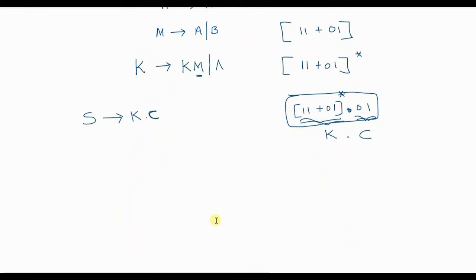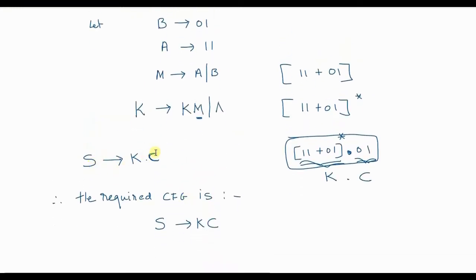Therefore the required CFG is: S gives KC. This will be the topmost or the start production.